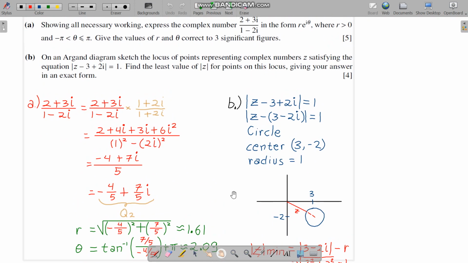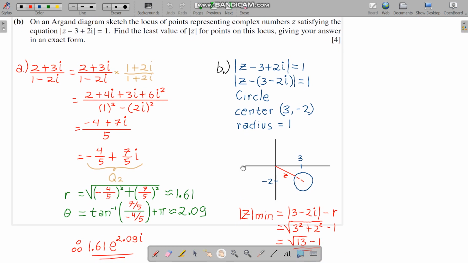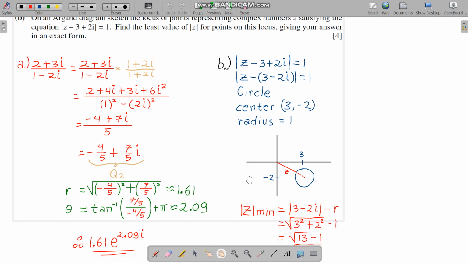Now B, we need to sketch |z - (3 - 2i)| equals 1, so it's a circle, center (3, -2), and we need to find the least value of the modulus of z for points on this locus. So from here we get the circle, this is the sketch, (3, -2) center, the radius is 1.